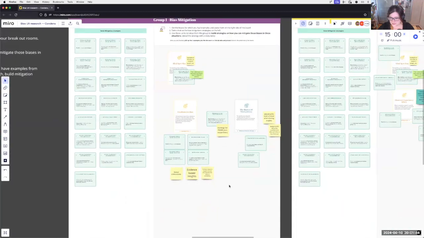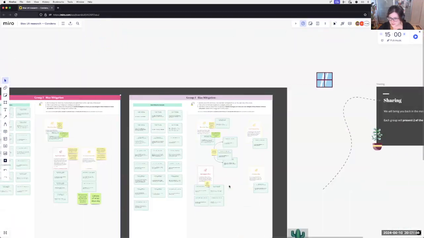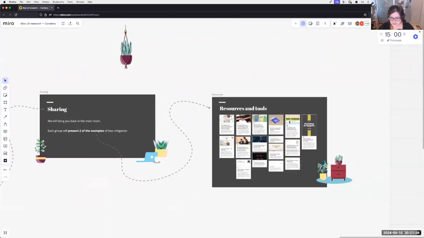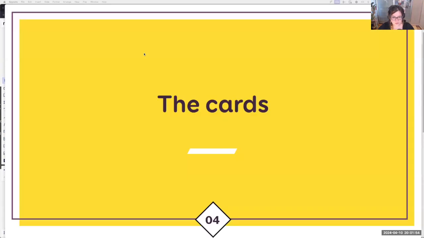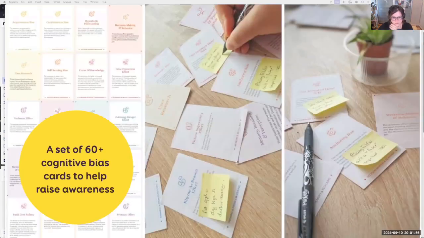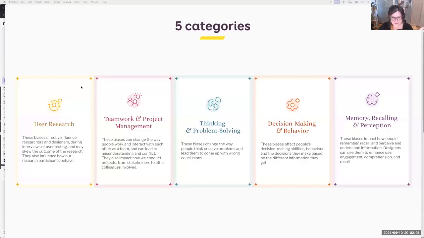Okay, for the rest of the board, I just have some resources. If you want to dig a little further, normally the links are clickable. Let me show you. This is just a small part of a deck of 60 more cards, and there are more categories, which is also used as bias training, but also on how to use or not use biases when building interfaces.